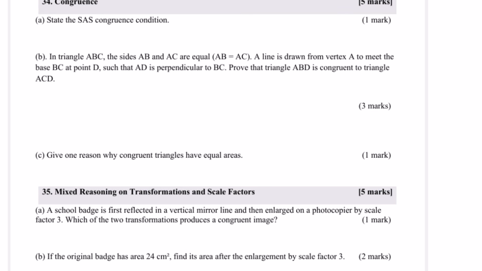So question 34, part A, state the SAS congruence condition. This condition states that when you have 2 corresponding sides in 2 triangles and an included angle, then the 2 triangles are said to be congruent.